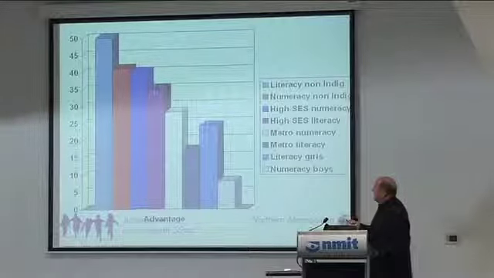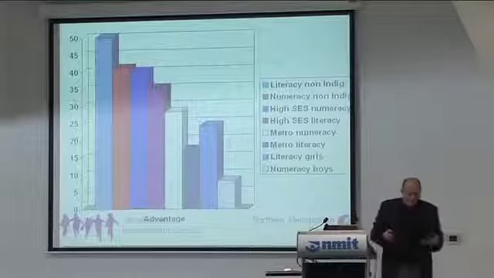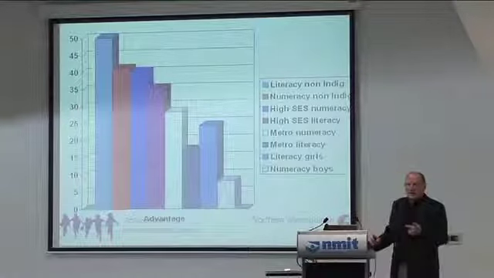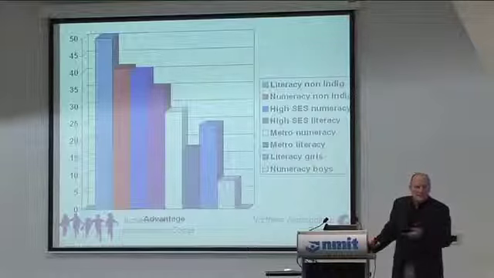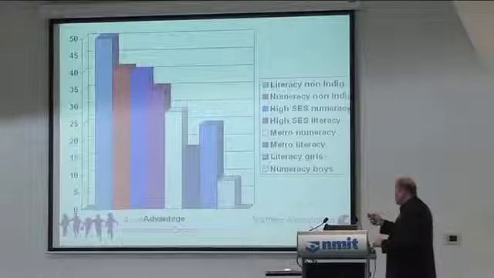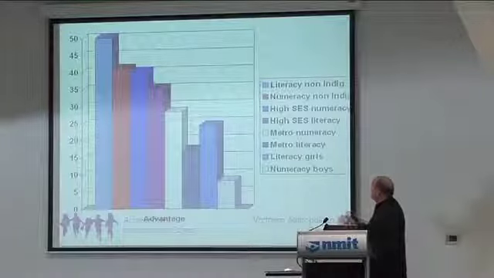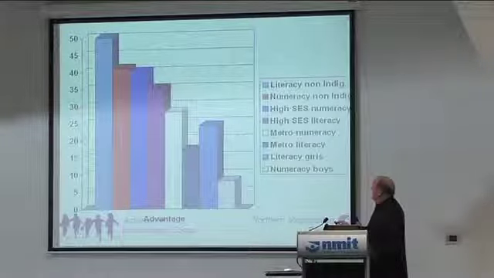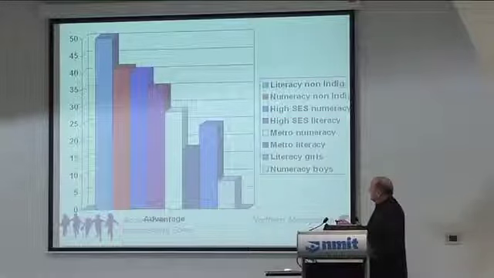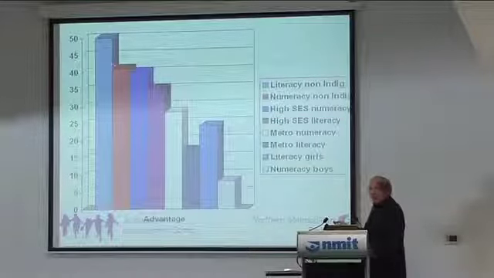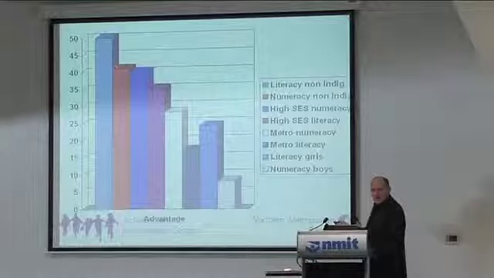And we're sort of saying by inference that therefore the most disadvantaged group are Indigenous kids in terms of their literacy. But you can see that the non-Indigenous kids in numeracy are also advantaged, but interestingly, so are high socioeconomic status in numeracy.